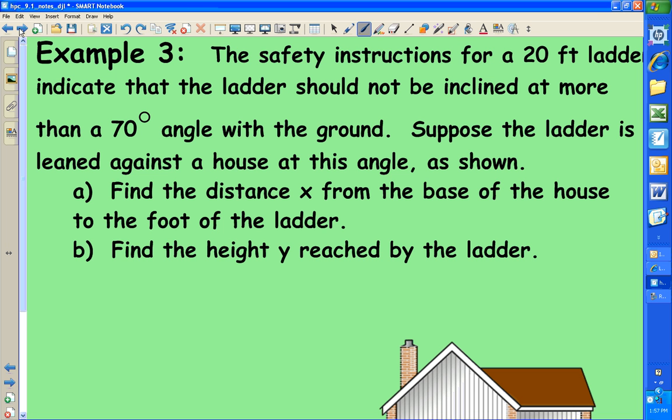Okay? So you go to the store, you buy a ladder, and of course, you men out there for sure are going to read the directions on how to use your ladder. On every ladder, you're usually stuck right on the side. We're talking about those ones that you push up and they get 20 feet tall. It tells you stuck right on the side that the angle with the ladder and the ground should not be more than a 70-degree angle for safety purposes.